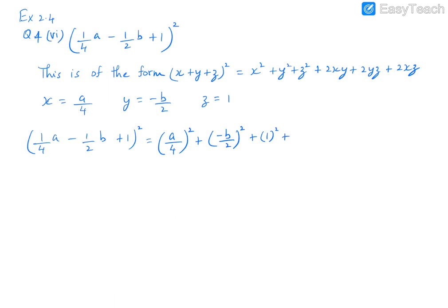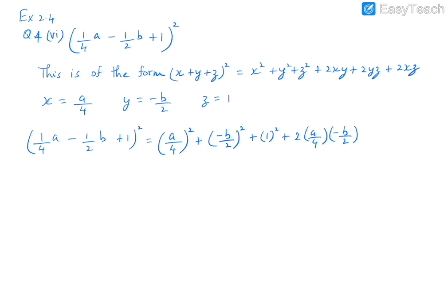And then we have the pairs, plus 2 into x into y, in place of x we have a by 4, and in place of y we have minus b by 2, so 2xy.